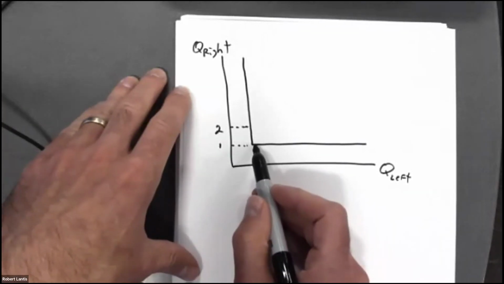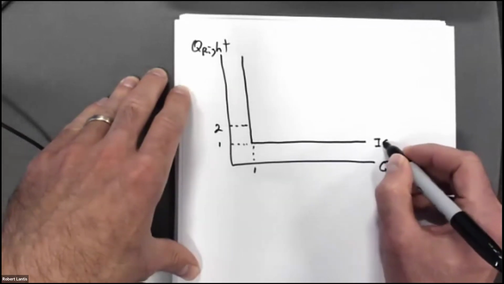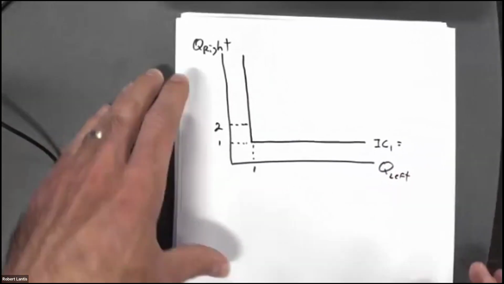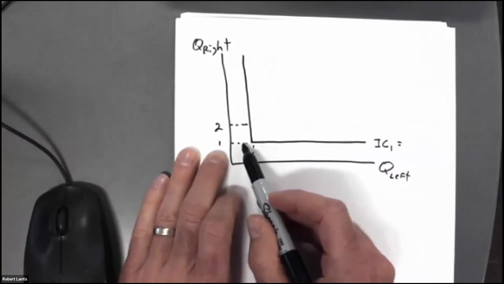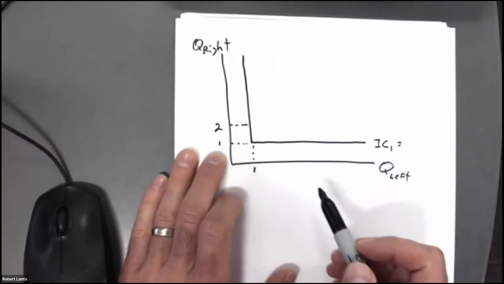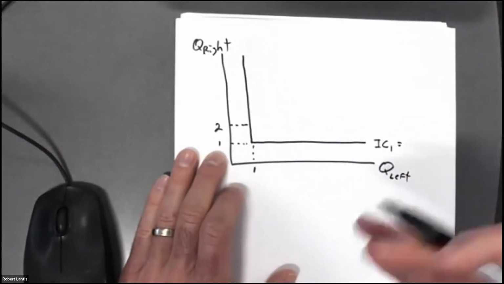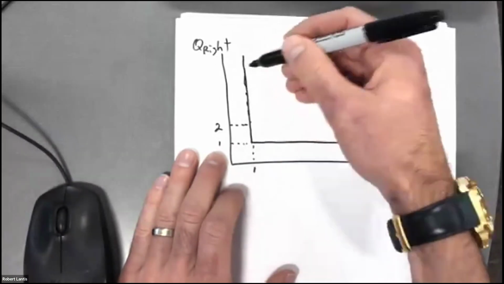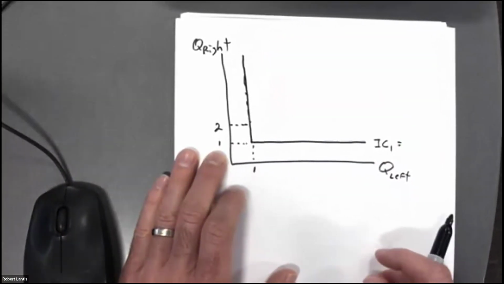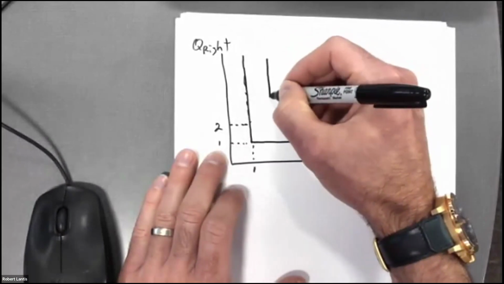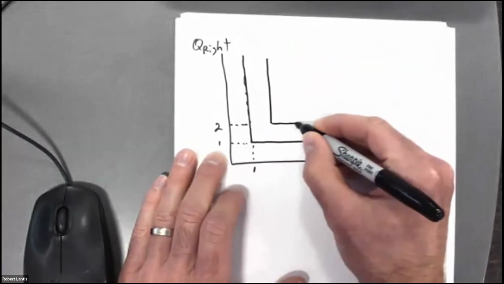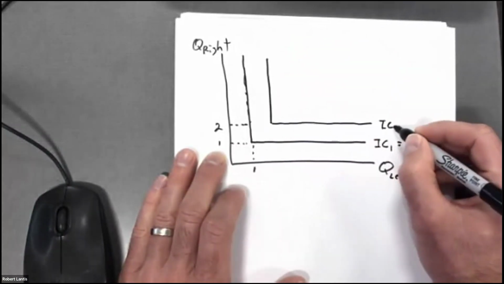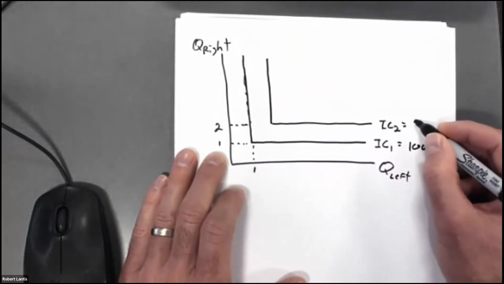So here, the total level of utility, or our indifference curve, is going to be that if I only have one of these, only one left shoe or one right shoe, it doesn't matter if I have more of the other, right? So our indifference curves would be something like this.